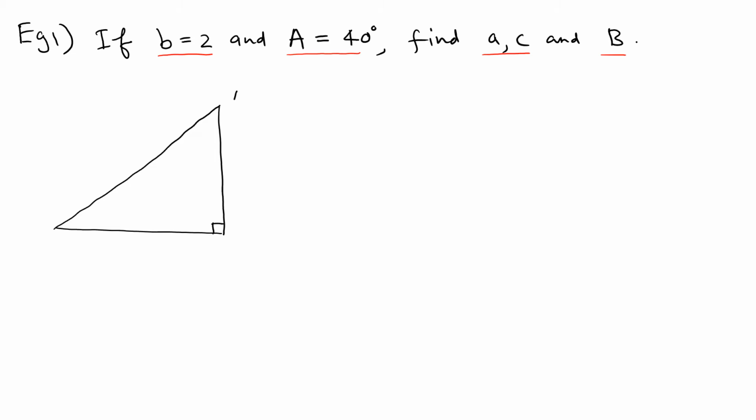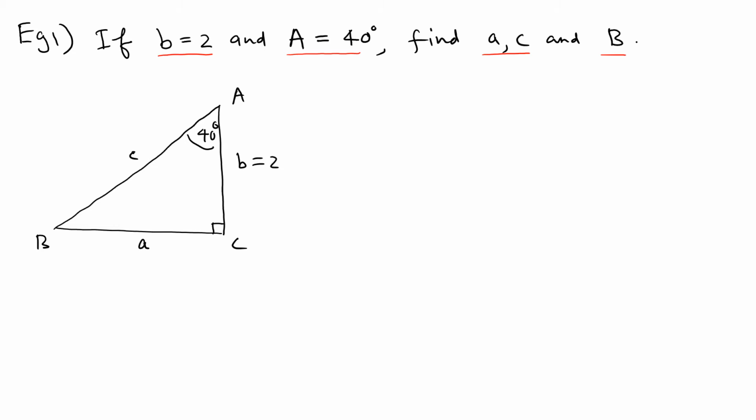I'm going to call A like here, and then B and C, just to get used to it. We can switch, but we normally use C for the angle at 90 degrees. So we have B equal to 2, that's given, and this is the side A and the side C, the lengths of those three sides. And we also know that this angle is 40 degrees.